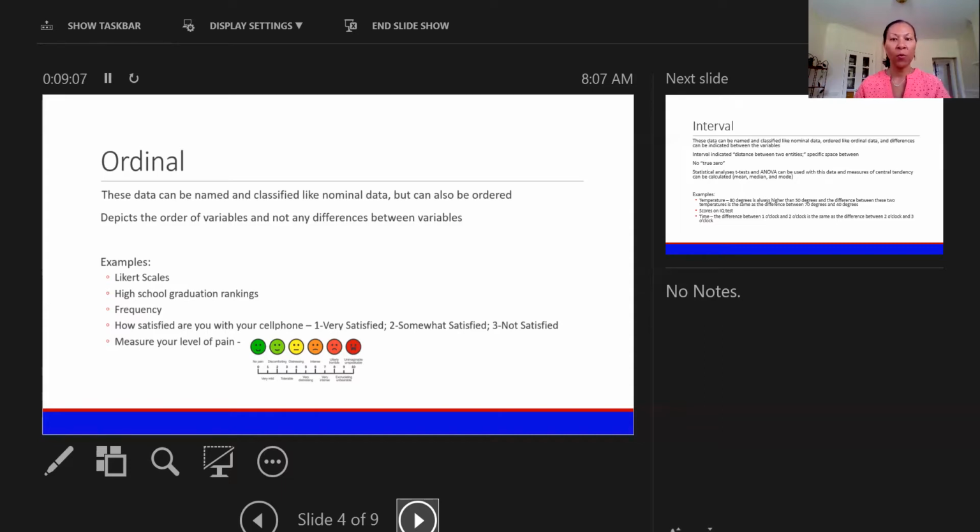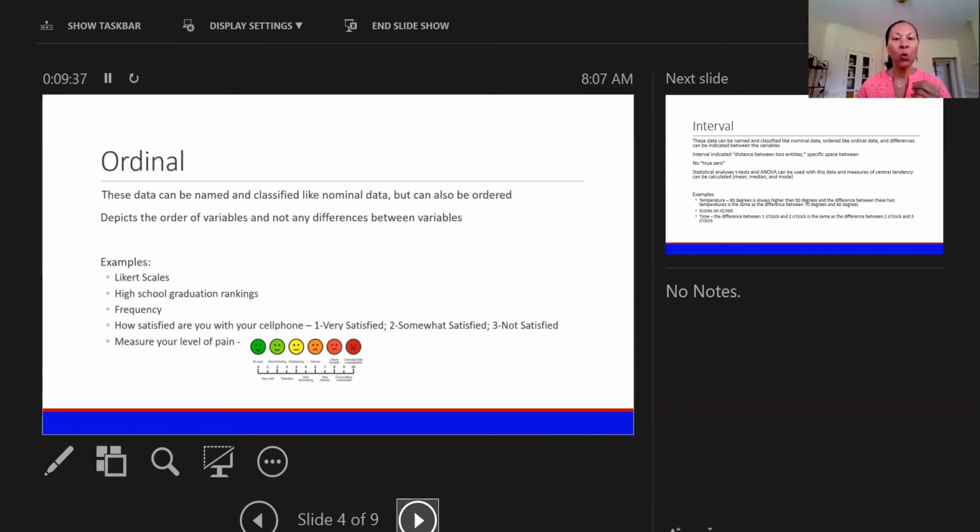Another example of ordinal data is levels of pain. If you go to the hospital, a lot of times the nurse will give you the smiley face scale and say, rank your pain. So again, this can be ordered in terms of a little pain versus a lot of pain. It's nominal in that we can classify it: a little pain, medium pain, much pain.